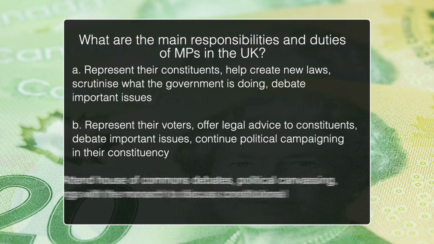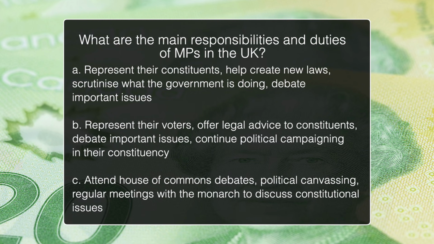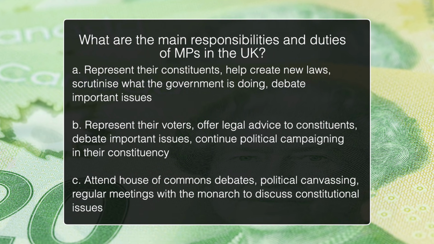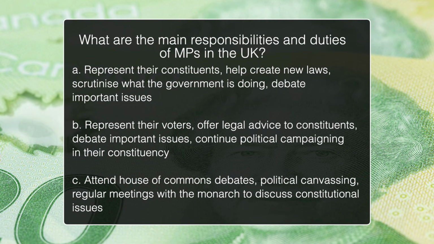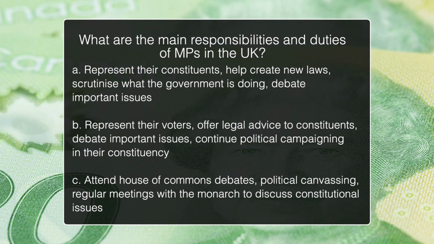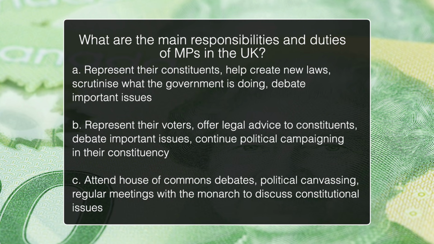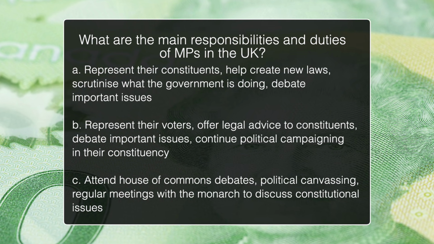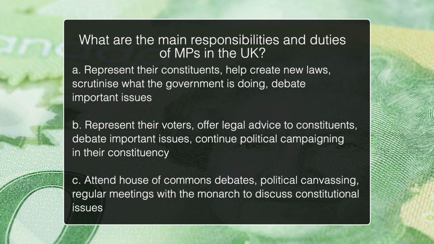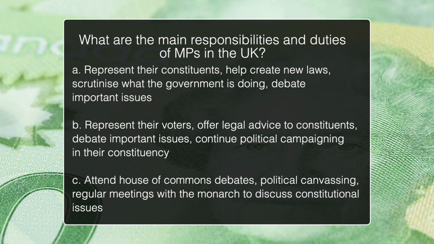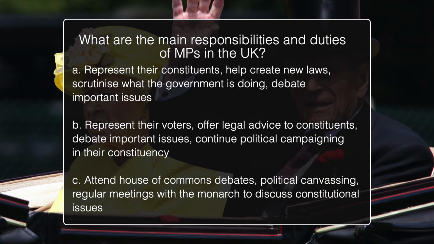What are the main responsibilities and duties of MPs in the UK? A. To represent their constituents, help create new laws, scrutinise what the government is doing, and debate important issues. B. Represent their voters, offer legal advice to constituents, debate important issues, continue political campaigning in their constituency.